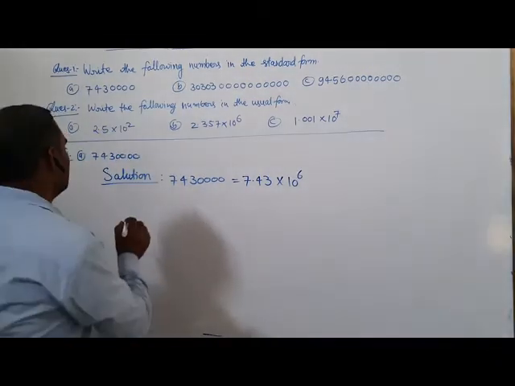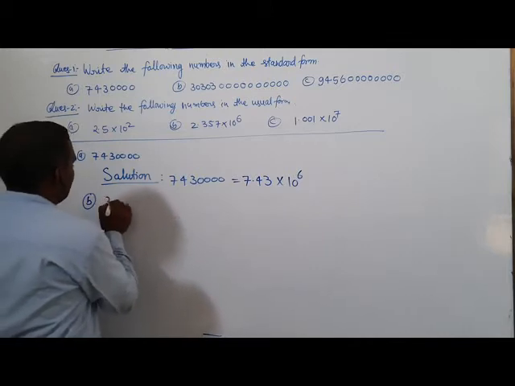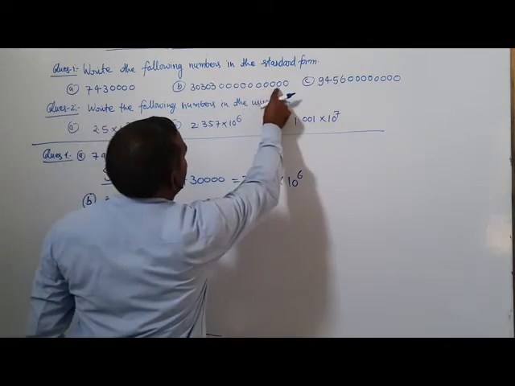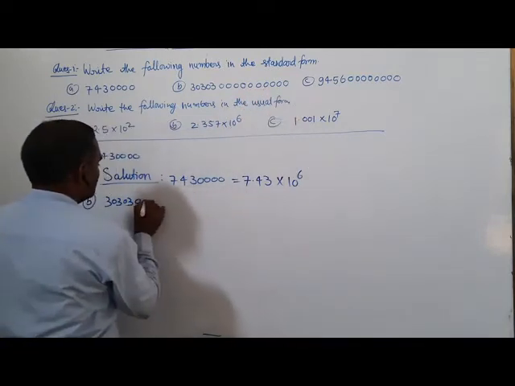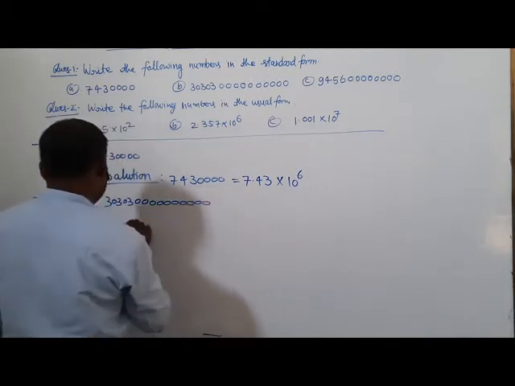Now take B. What is B? 3030 followed by digits, counting 1, 2, 3, 4, 5, 6, 7, 8, 9, 10.